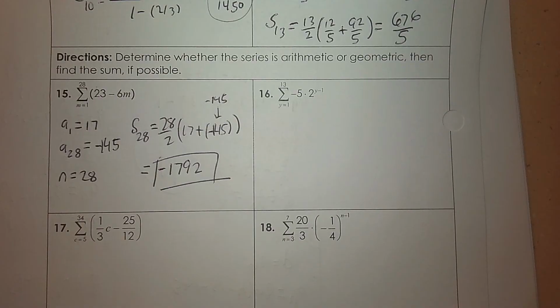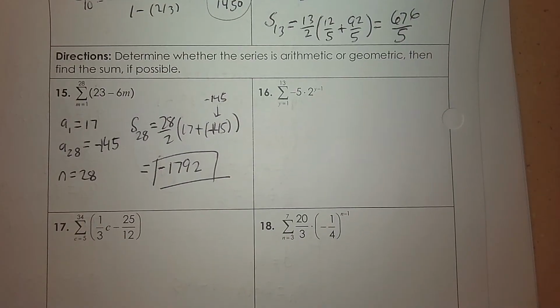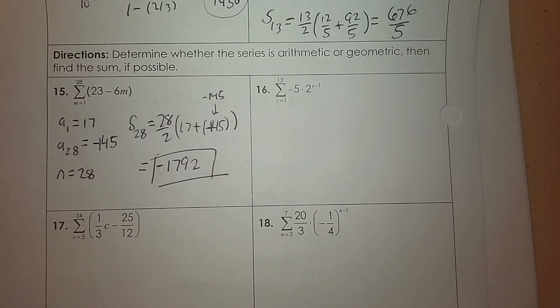All right, number 16. Clarissa, is it geometric or arithmetic, number 16? How did you know? Because the rule is exponential, that's why you knew it was geometric. I need to know the r part.